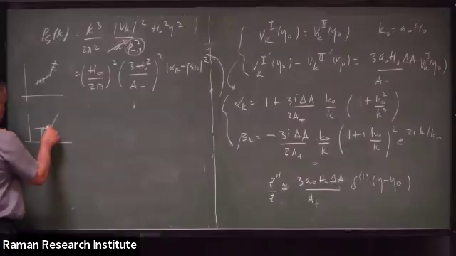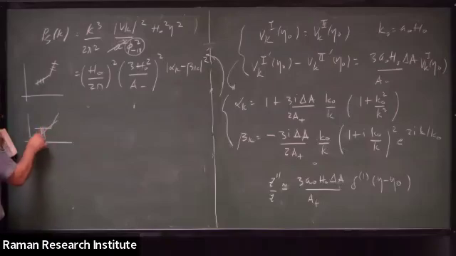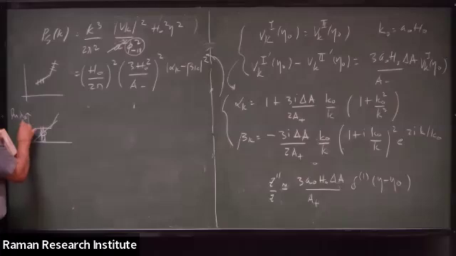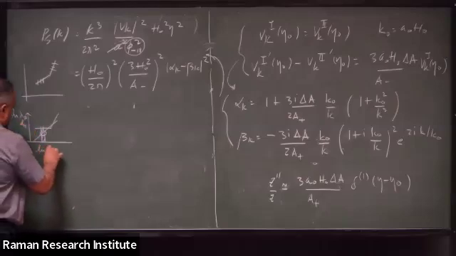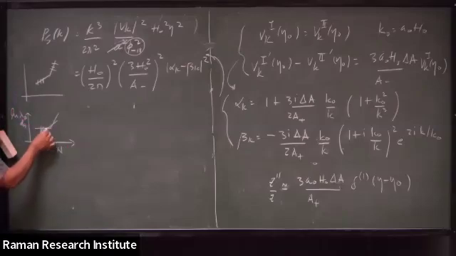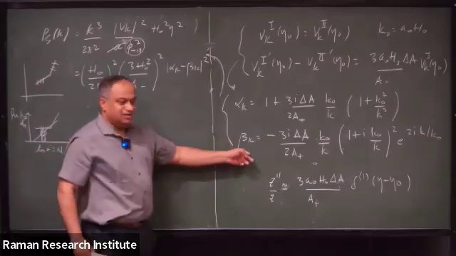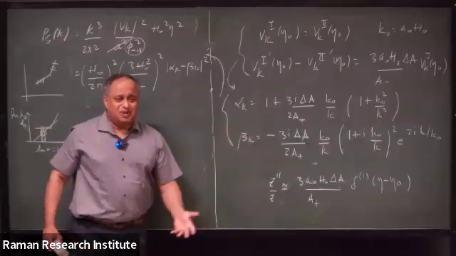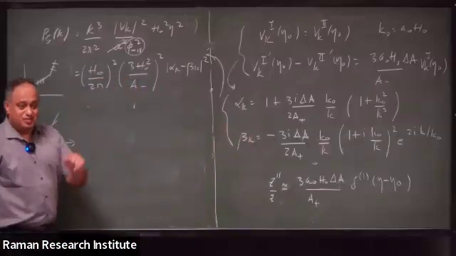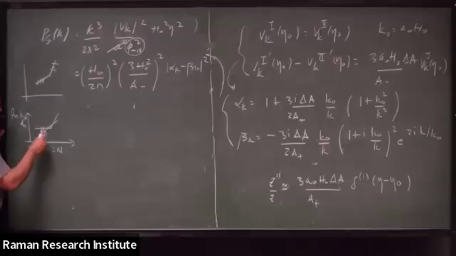The modes which leave the Hubble radius at later times are well inside the Hubble radius. Their beta_k is 0, which means they are essentially in the Bunch-Davies vacuum, and they are not affected by the transition, but these modes are affected by the transition.